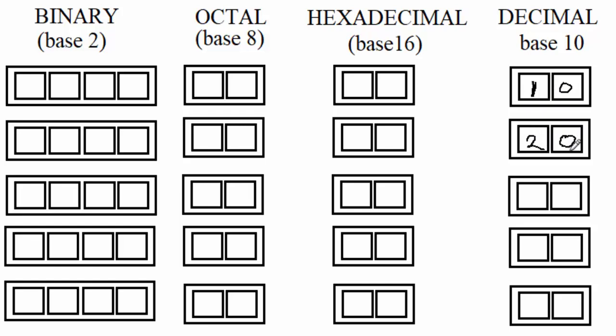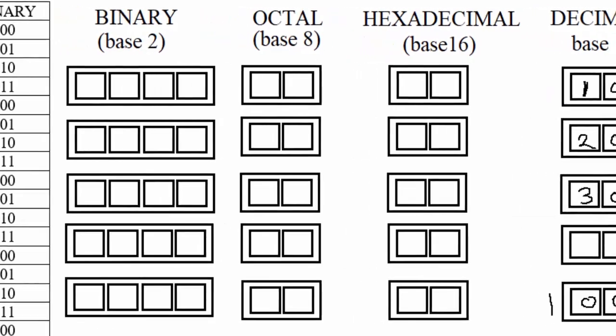Then 21, 2, 3, 4, 5, 6, 7, 8, 9 resets back to 0 and sends 1 to this side, so it becomes 30. You do that so on and so forth to the point you are at 99. You're at 9 here, it becomes 0. This one is already 9. When you add 1, it becomes 0 again, and it sends 1 here. That's why we have 10, 20, 30, 40, 50 for base 10.